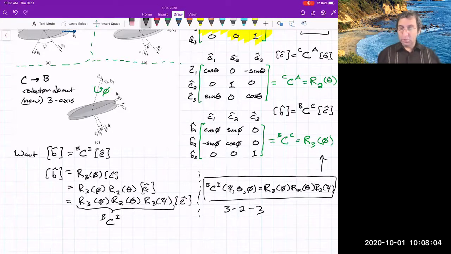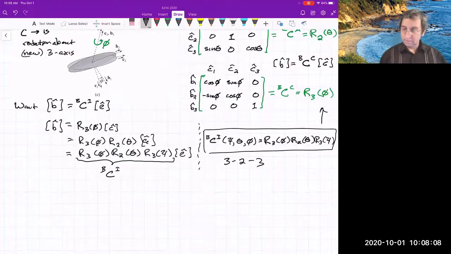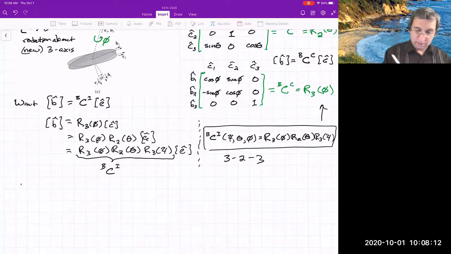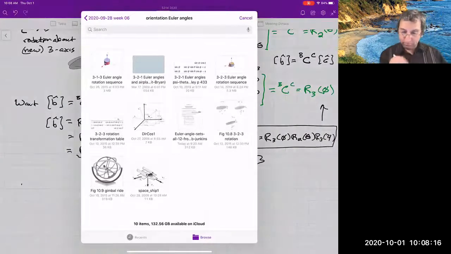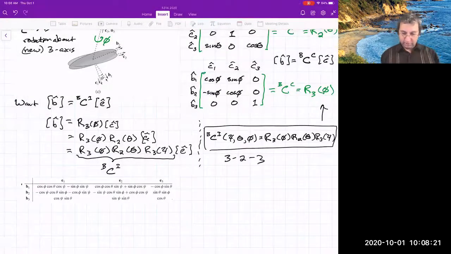So if you actually work out this matrix multiplication, you get something that's not terribly pretty, but I will show you, and you don't have to copy this. It is not pretty. There it is.